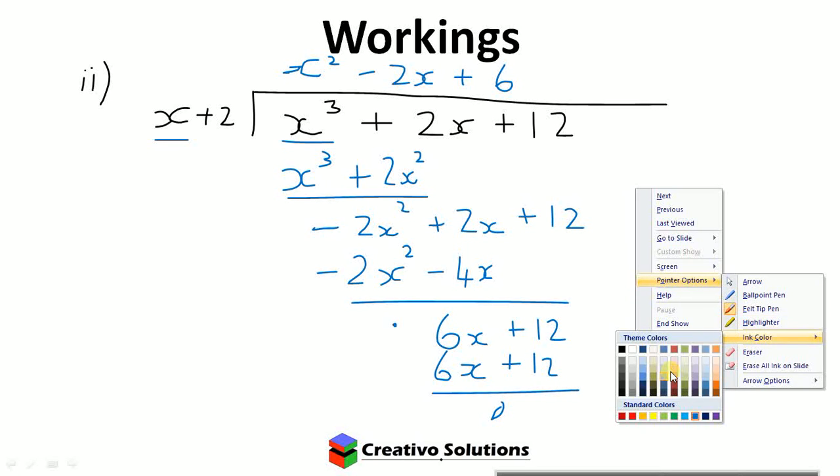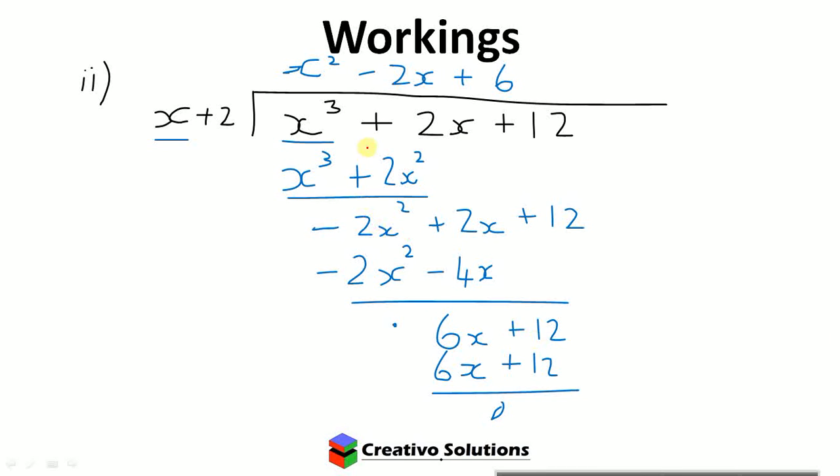This is on a separate page or separate notes. This polynomial, x to the 3 plus 2x plus 12, what is it?